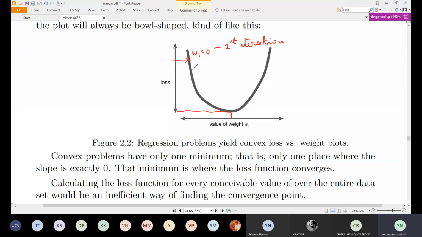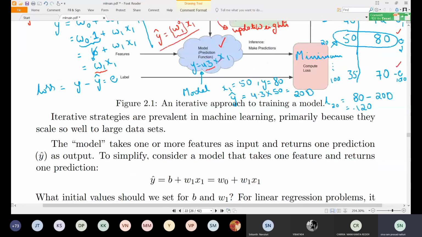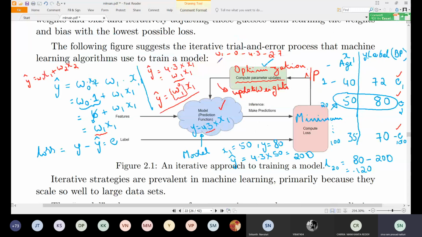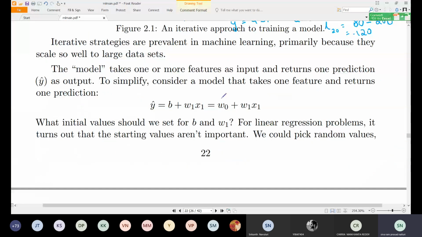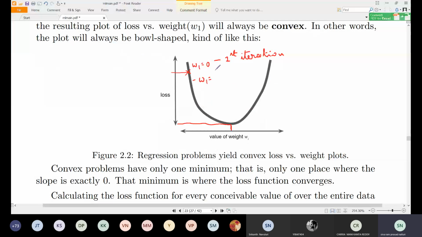In the next iteration, we update the weight W1. Assume that in the previous case మనం ఏం తీసుకున్నాము, 4. What is the value for the second? 4.3. We take 4.3 in the second iteration. Okay, then you are able to minimize the loss to a certain extent.